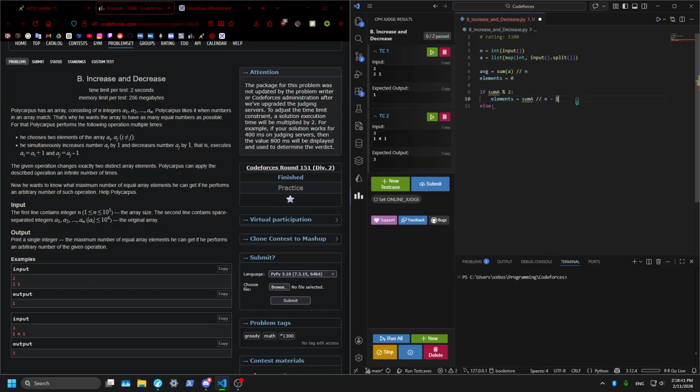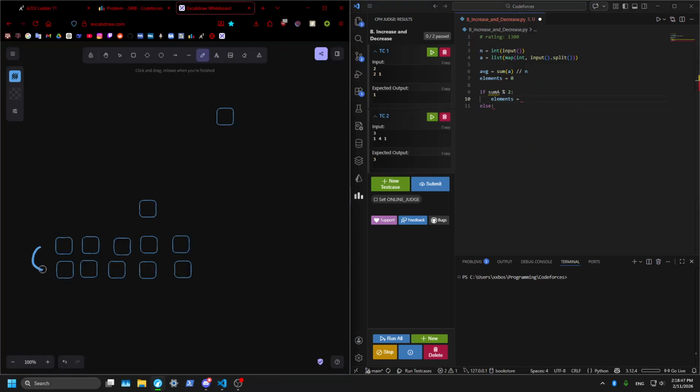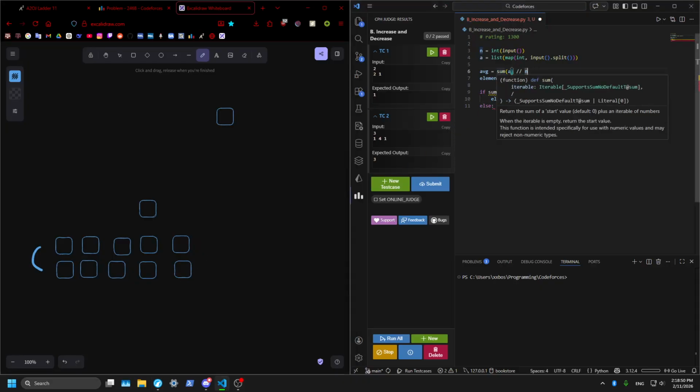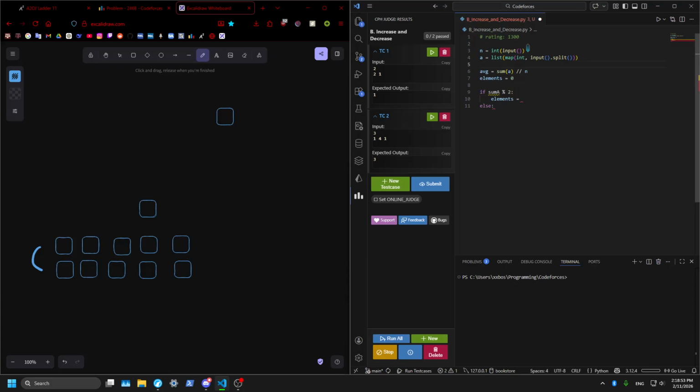That's 2. So then we would need, okay, sum A, AVG equals sum A divided by N. Elements equals sum A.